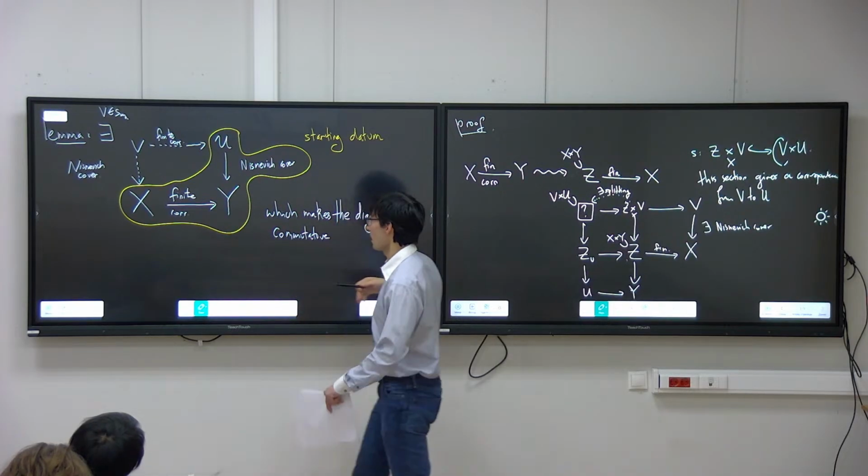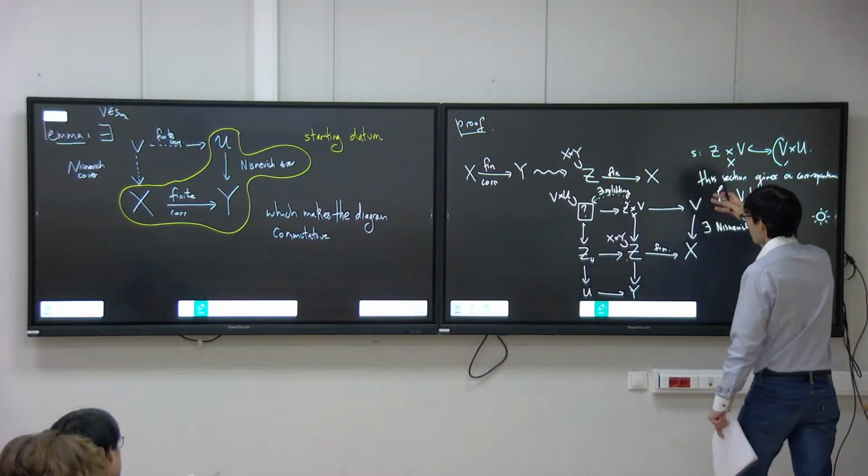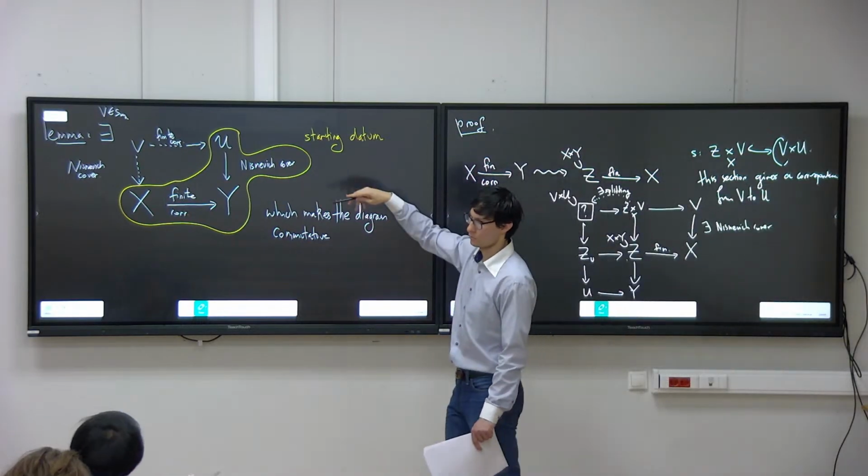And by the way we constructed it, you get a commutative diagram as a result.